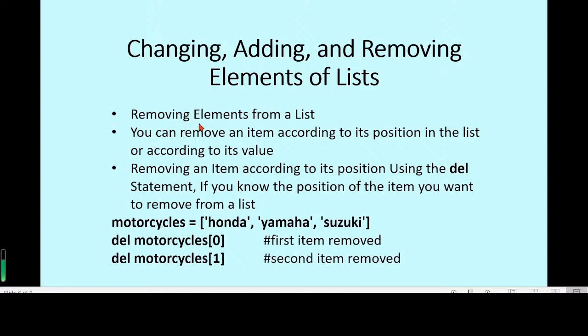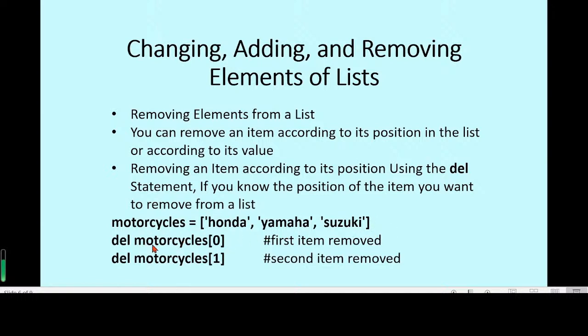And we can also remove elements from a list. You can remove an item according to its position in the list or according to its value. To remove an item according to its position, you can use the del statement if you know the position of the item you want to remove from a list. So this is a list with 3 motorcycles.